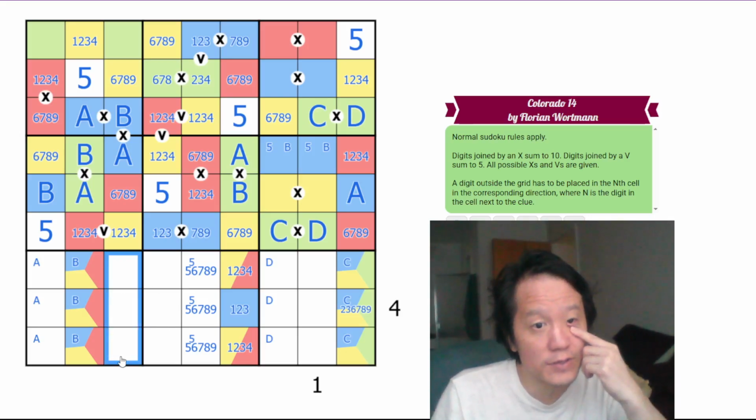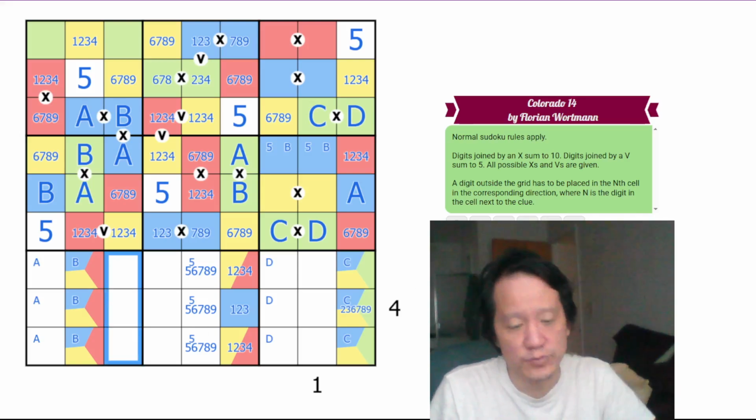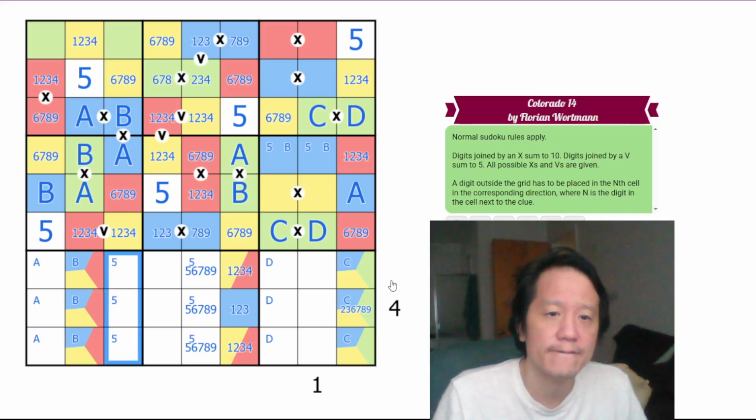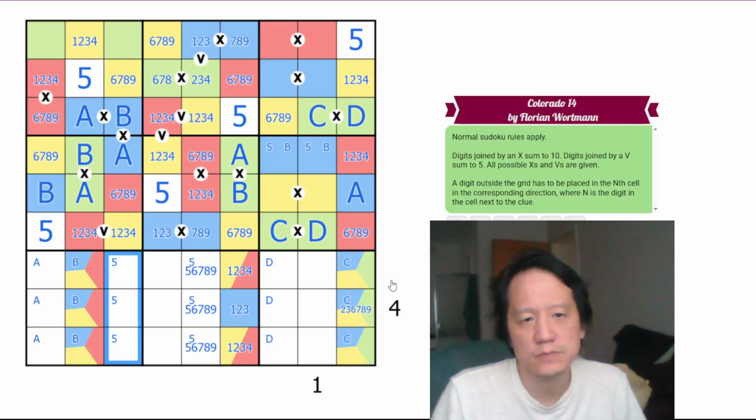One of these is green, one of these is 5, so we have a 5 here. We have a green, and we have a low red. Okay. What does that mean? I'm not really sure.